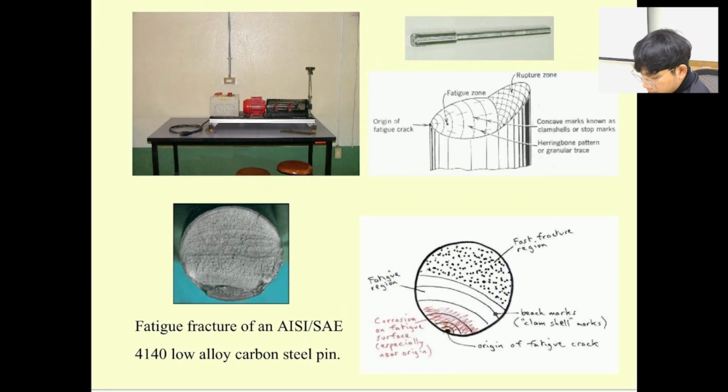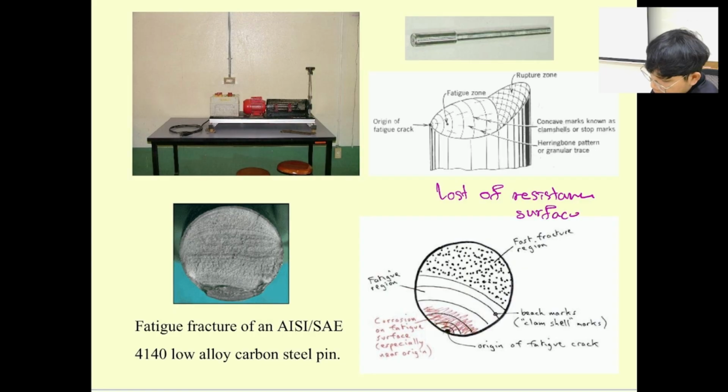Okay, and these are the failures. If I conclude in short for fatigue, it's just the loss of resistant surface. For example, if you calculate the stress, okay, it's going to be P over A, right? Stress, the resistance, the strength from material.